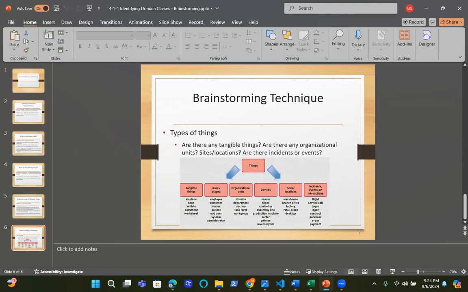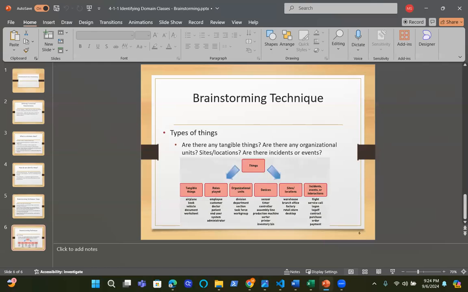Roles for employees. So we can create a class or a table for an employee, for a customer, for a doctor, for a patient. These are roles, because we're always going to have a new doctor, a new patient, a new end user. So we define a class for each one of those roles. Organizational units, like task force, section.